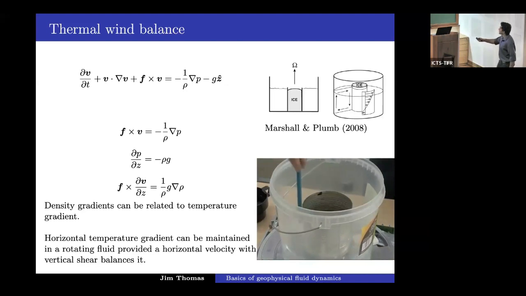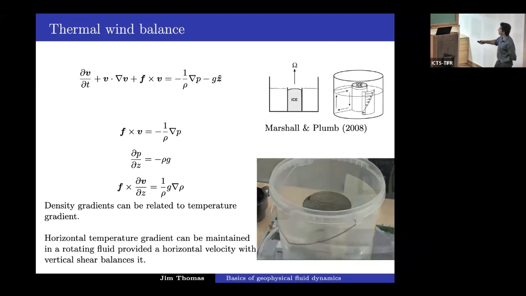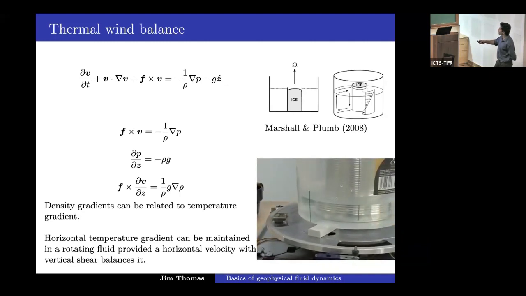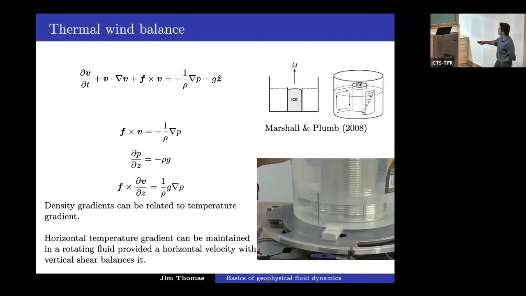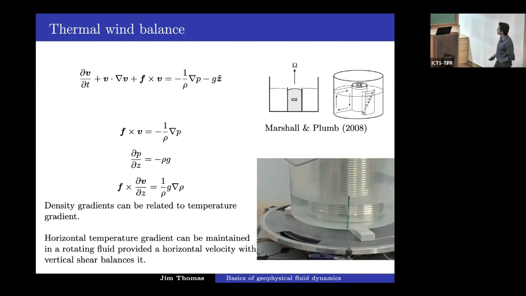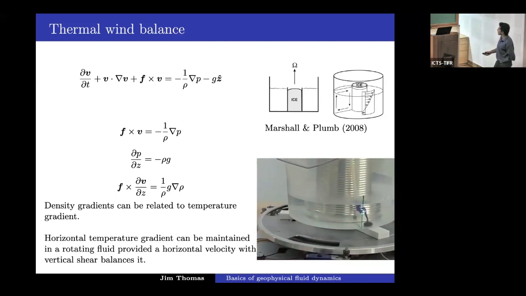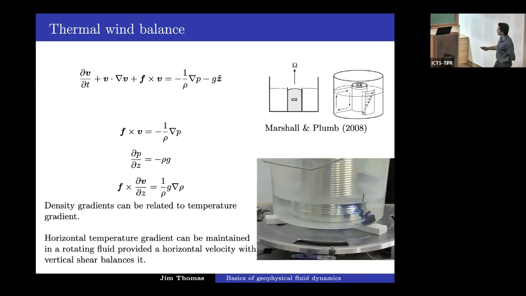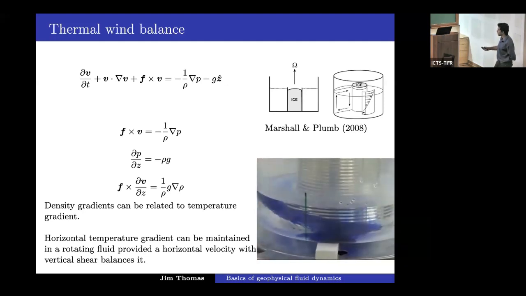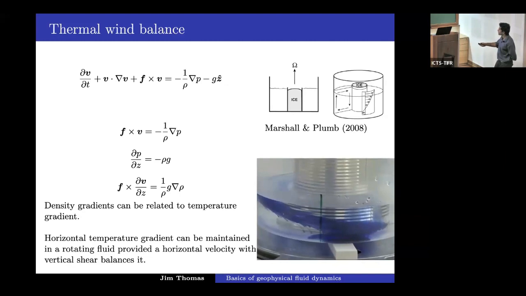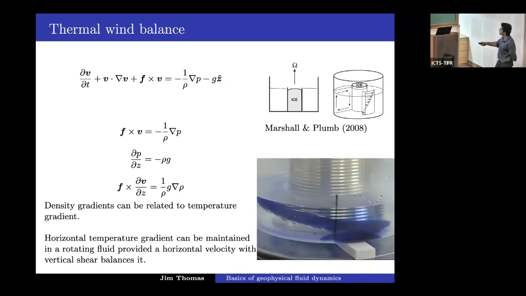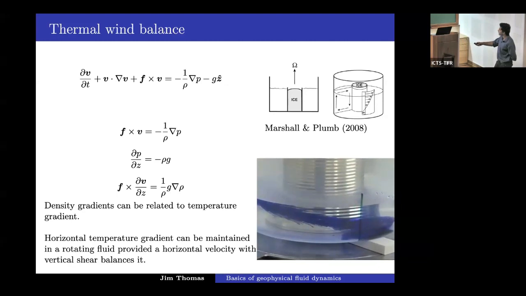It's the same setup: we have ice in the inner cylinder, and in the outside cylinder we have regular water. He's going to introduce some dye here. If you had a non-rotating fluid, this dye would just diffuse, but with a rotating fluid, it can develop this sheared structure. This is a horizontal velocity field that's in balance with this horizontal temperature gradient.